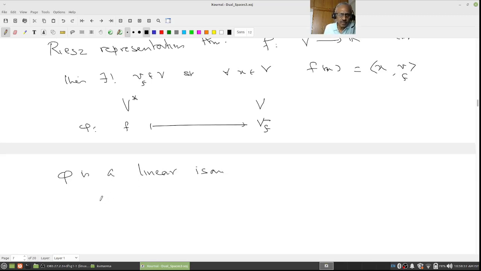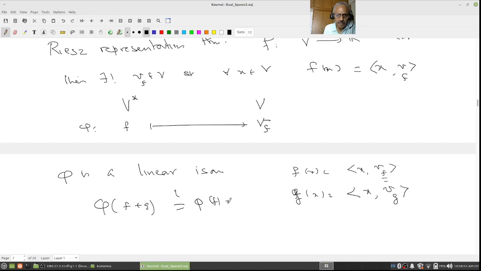Okay. What is phi of f plus g? For f, I have f of x equal to the inner product of x with v_f, and for g, g of x equal to the inner product of x with v_g. These v_f and v_g are unique. Therefore, phi of f plus g, I have to say whether it is equal to phi f plus phi g.